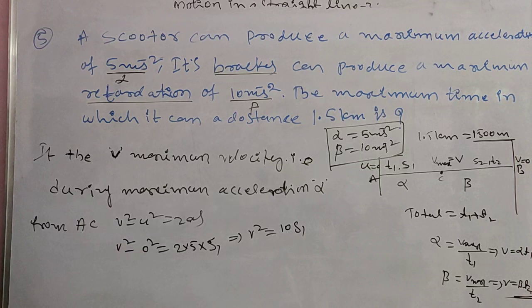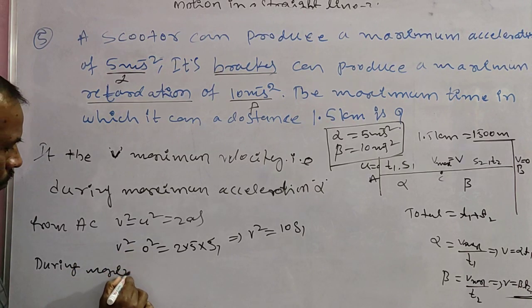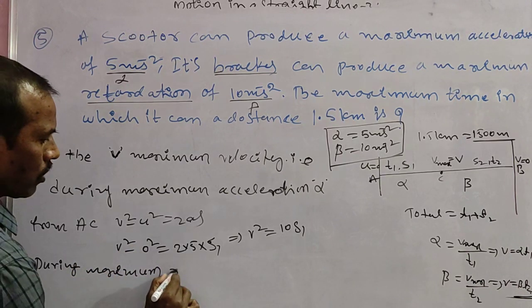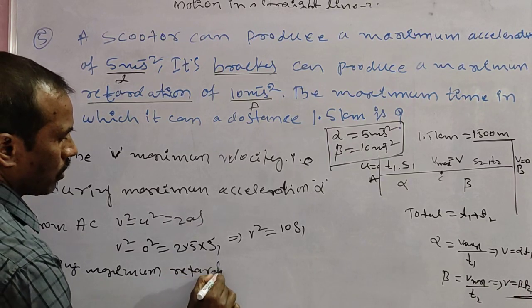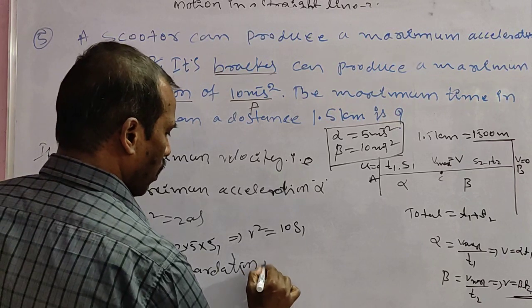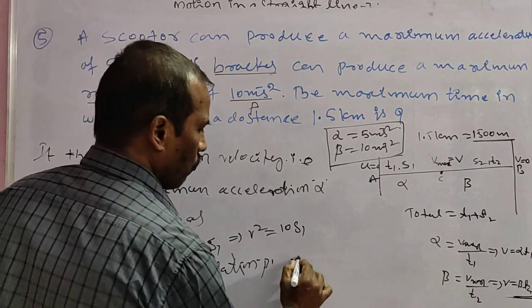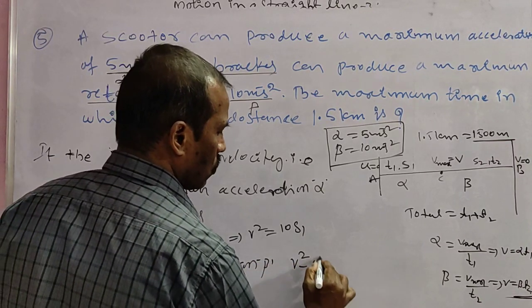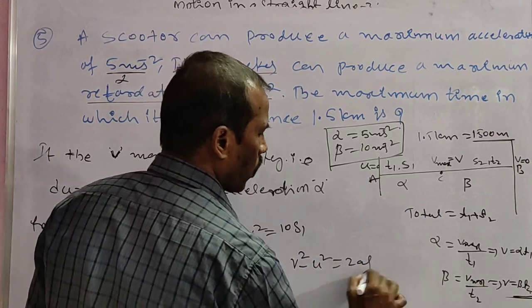Next, during maximum retardation beta, the formula is V square minus U square is equal to 2AS.